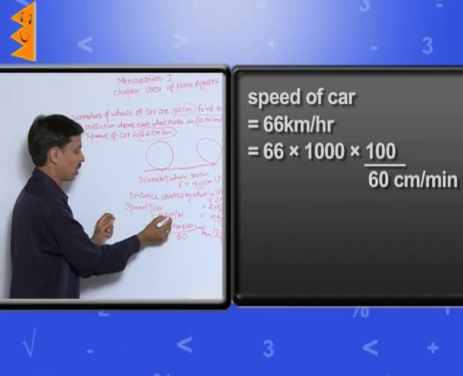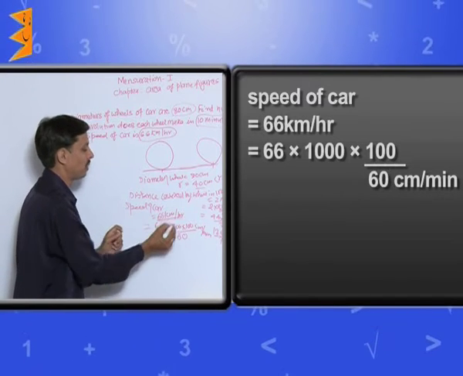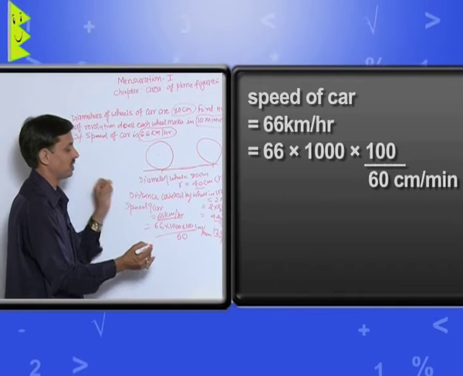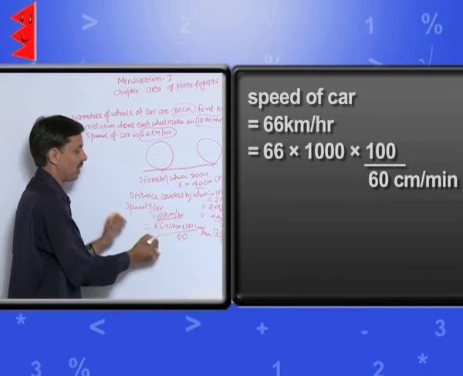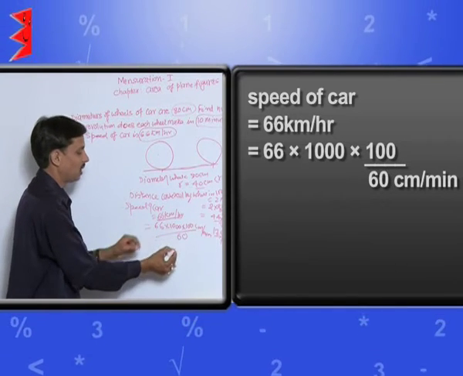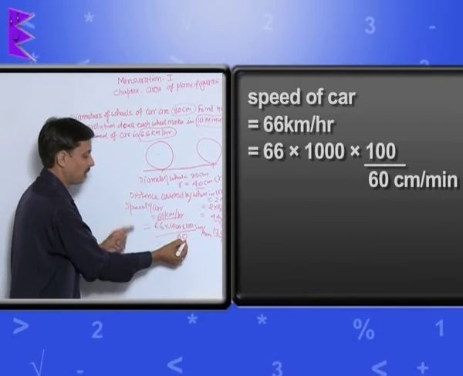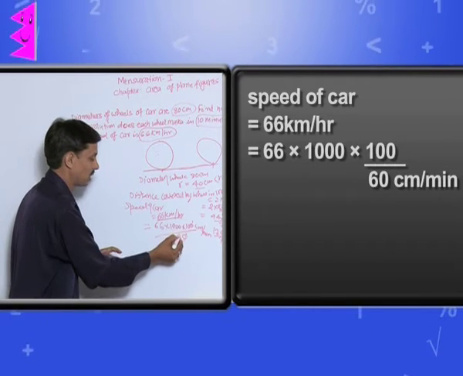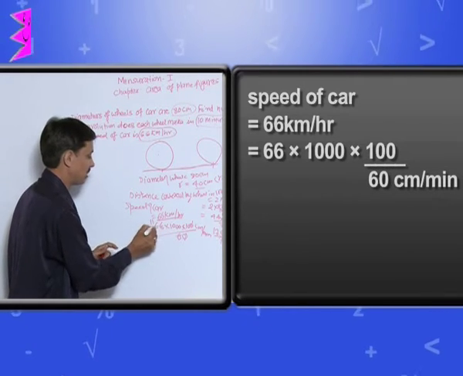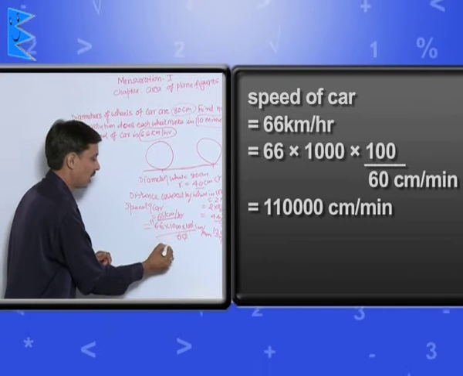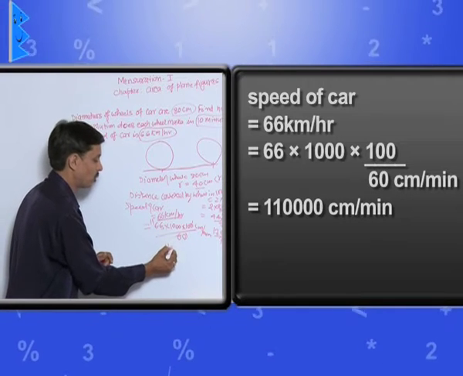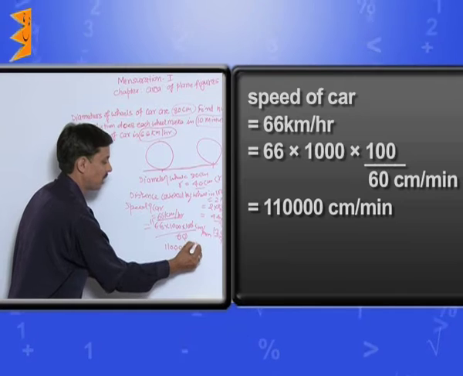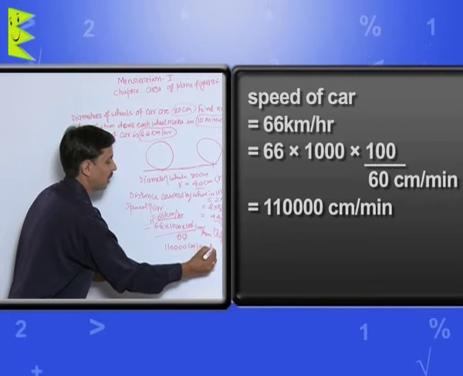Then 10 is cancelled, 6 11s are 66, so 11 followed by 4 zeros. This much centimeter per minute is the speed of the car.